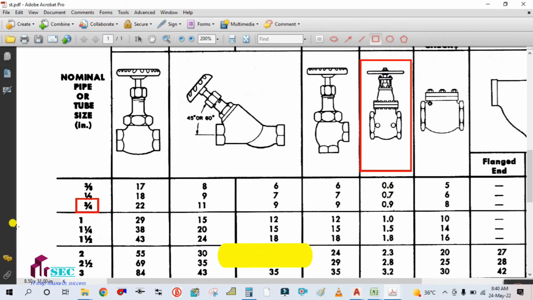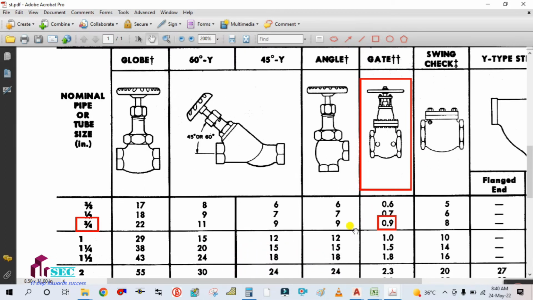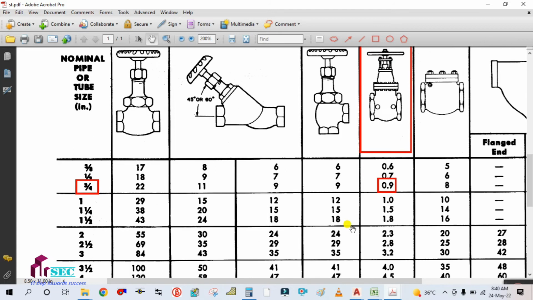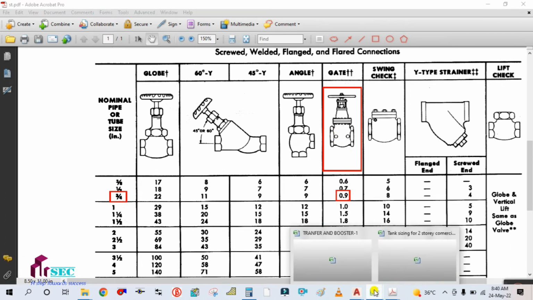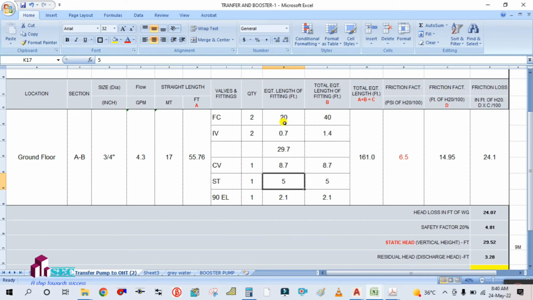For the gate valve, parallel to this pipe size is 0.9. This is the equivalent length of this fitting, so for the gate valve enter 0.9.